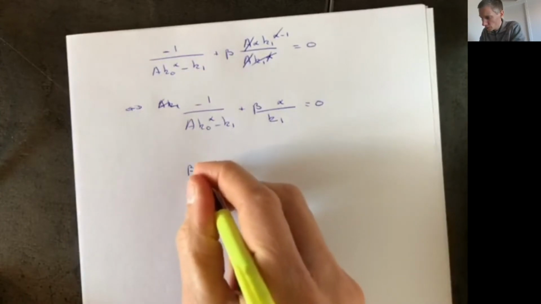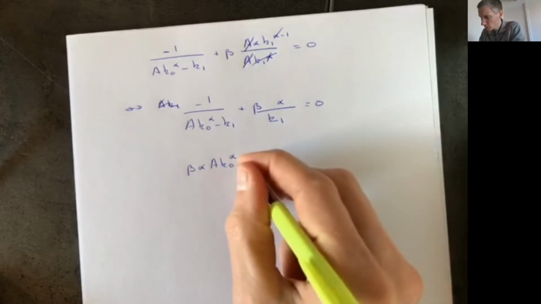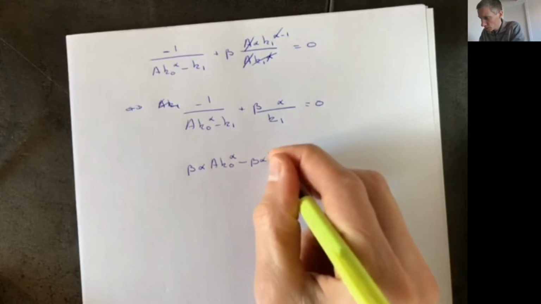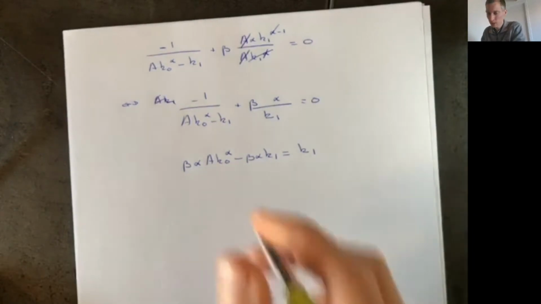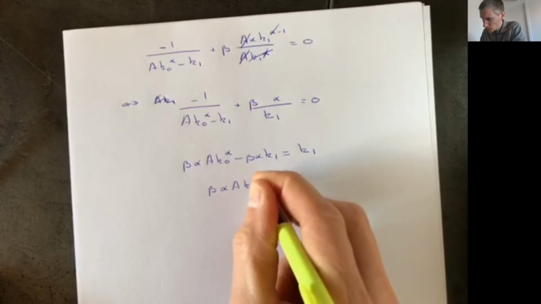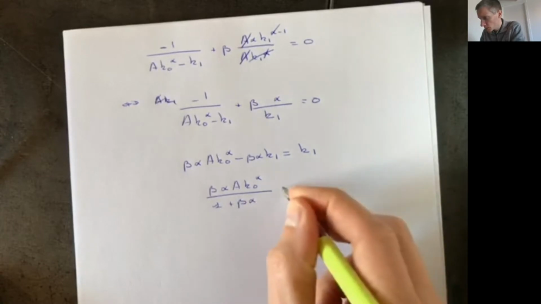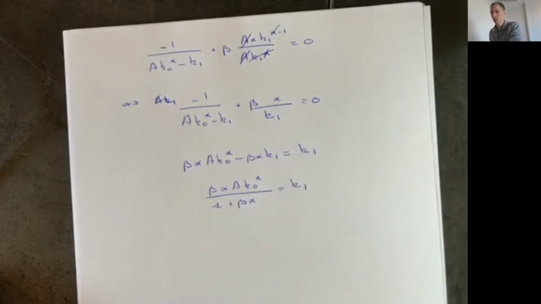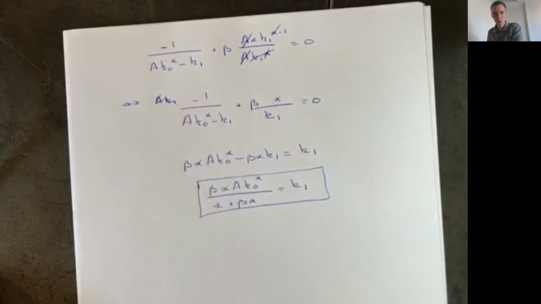We have beta alpha A K0 to the alpha minus beta alpha K1 is equal to K1. So beta alpha A K0 alpha divided by 1 plus beta alpha is equal to K1. I think this is what it should be.